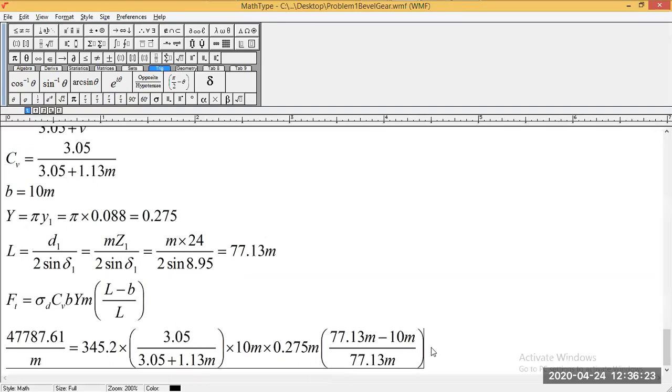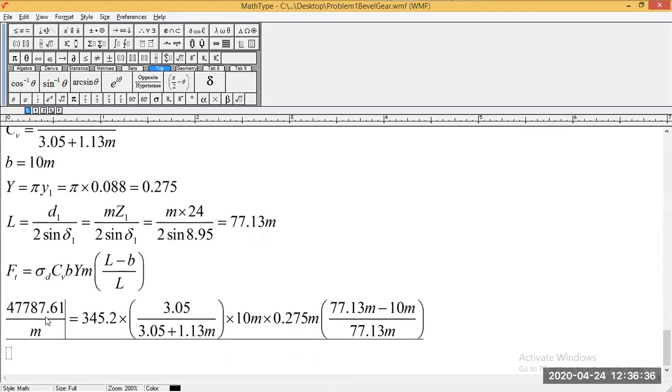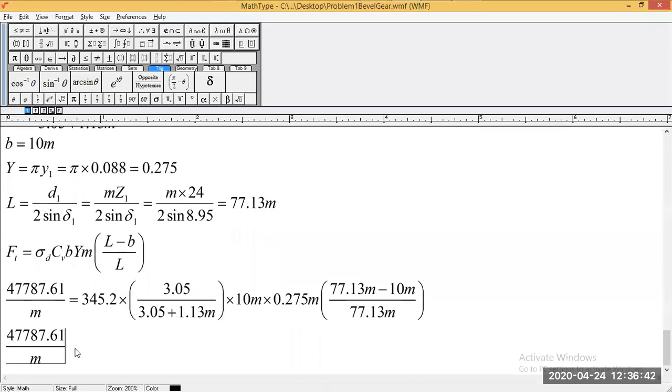Right, so we have substituted everything, whatever we have found, and the individual values from the data handbook. Now let's simplify. The objective is to find m here, the module.